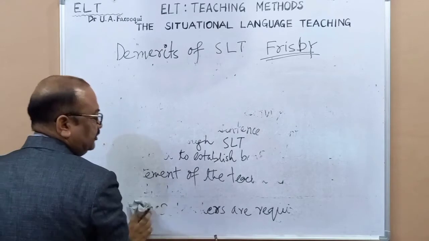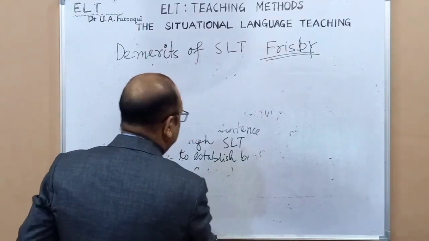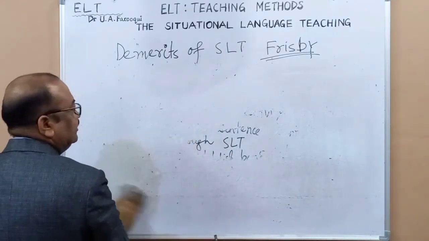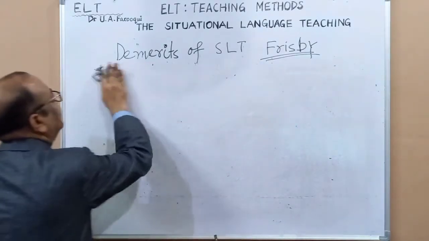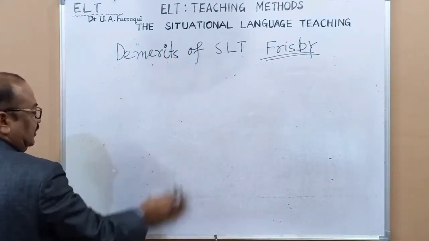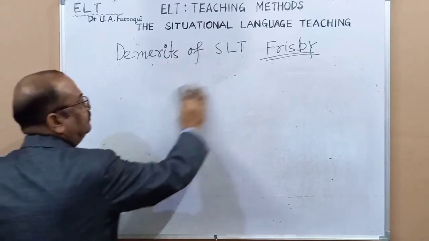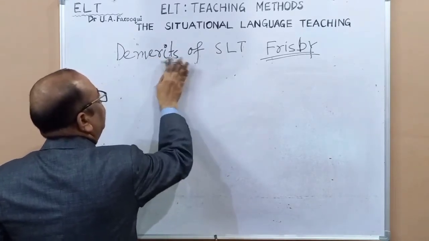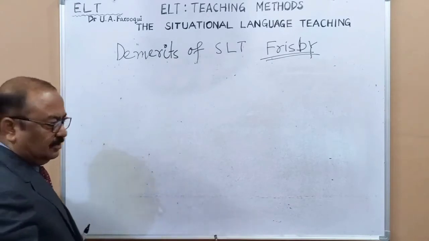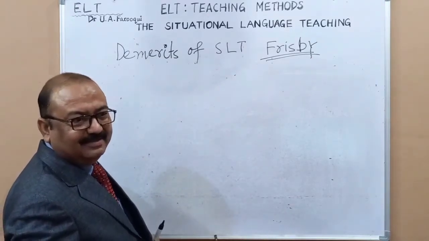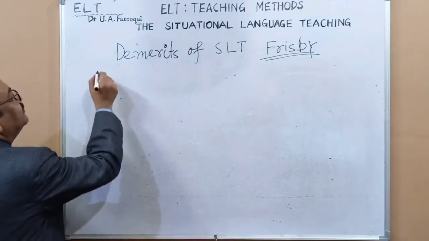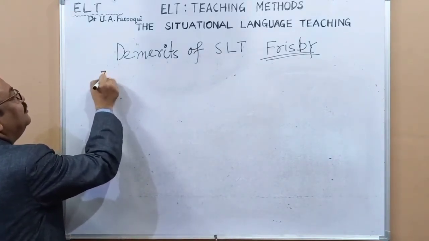According to behaviorist theory, language learning is a habit formation process. But this is a demerit. We do not learn the mother tongue through this habit formation concept. Yes. This is the seventh demerit.